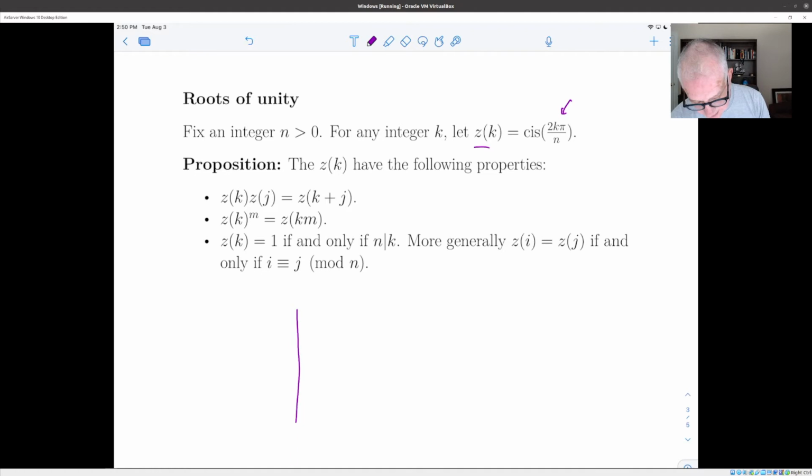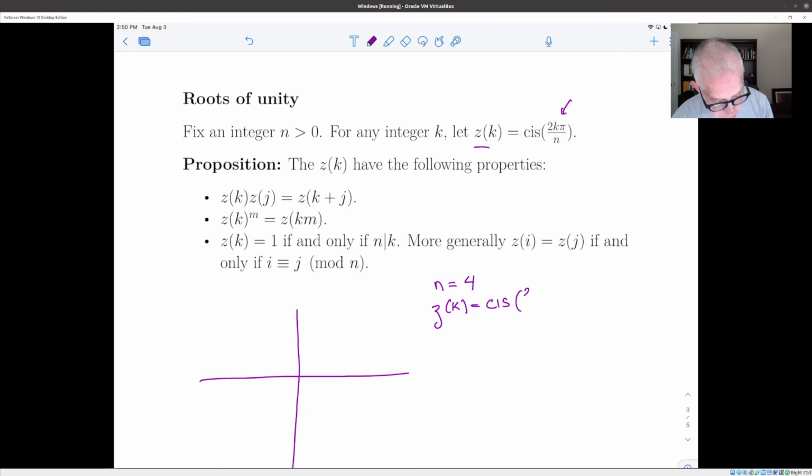So just to draw the picture, if we fix n to be, let's say, 4, then we're interested in z of k, which is by definition cis of 2k pi over 4, which is cis of k pi over 2.